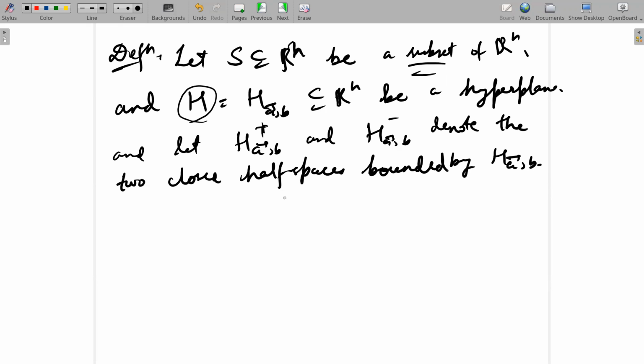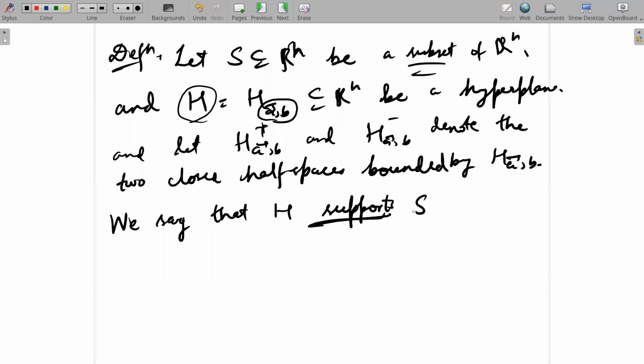Okay, so here comes the definition. So this was just notation. We say that H, which again, here we're describing using a and b, but if I just said a hyperplane, I would say that this hyperplane H supports the set S at the point x if, first of all, x has to be in S. So when you support, you have to at least intersect your set.